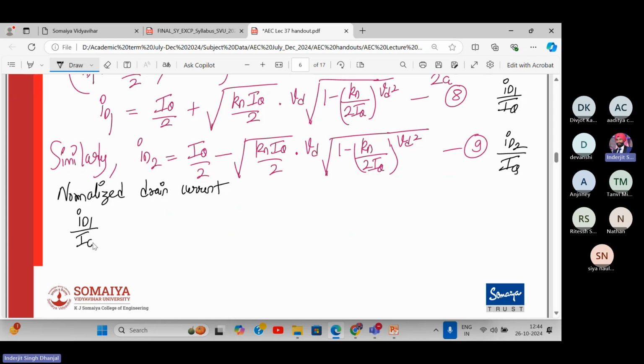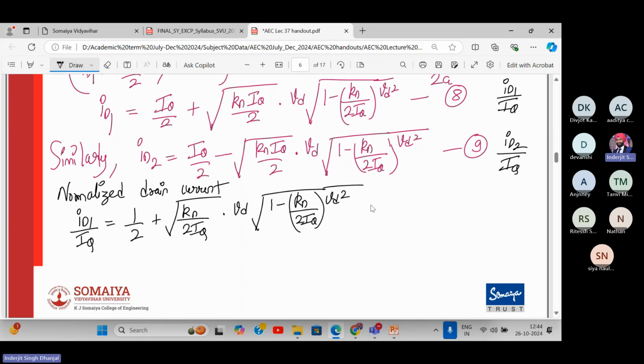So what do we get over here? ID1 divided by IQ will be equal to half plus square root of, here if we take ID1 common, it will go down in the denominator. So it will be Kn divided by 2IQ into Vd square root of 1 minus Kn upon 2IQ into Vd square.